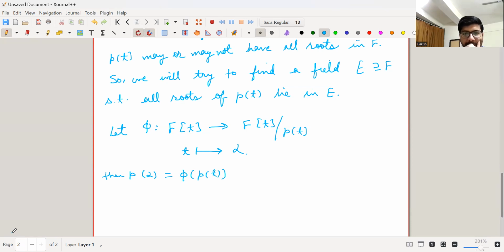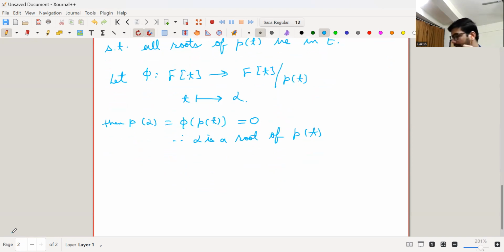And since p(t) is a zero polynomial in this ring, p of alpha will be 0. So this means phi of p(t) is 0, and therefore alpha is a root of p(t).